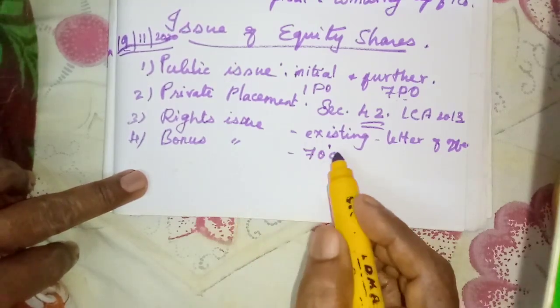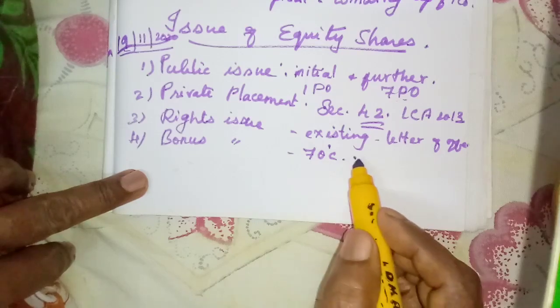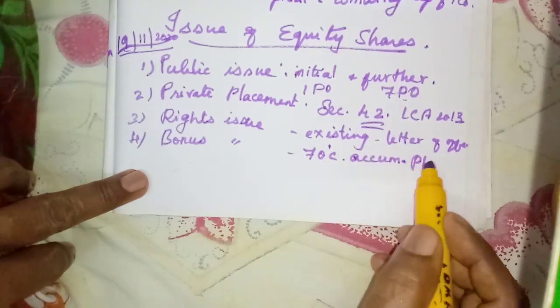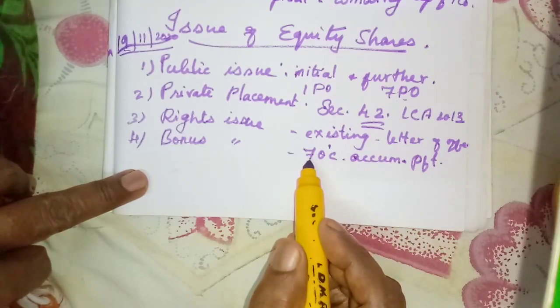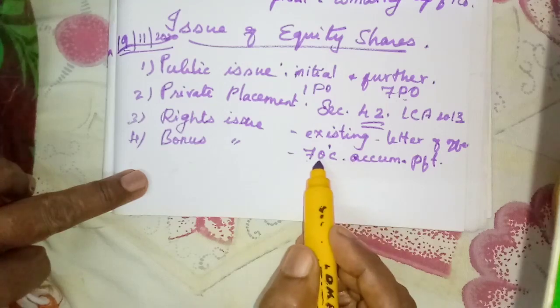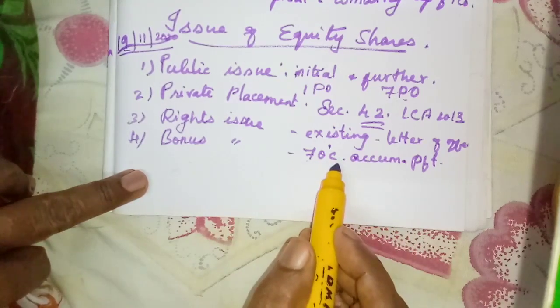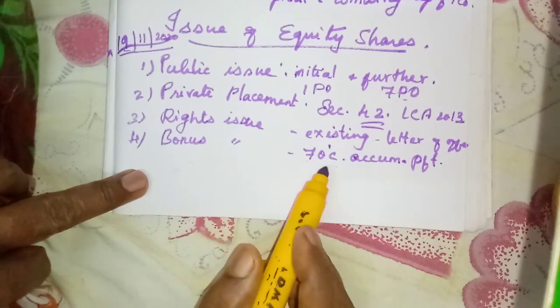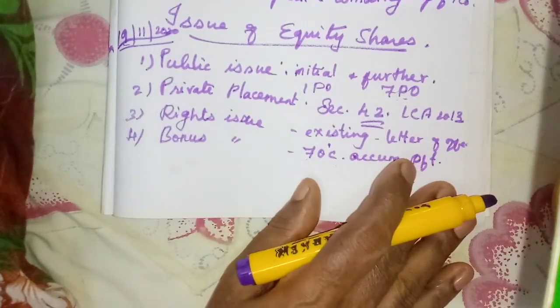Because if they have accumulated profit, more profit, from that profit they will compensate the cost. So it will be issued freely to the existing shareholders from the accumulated profit of the company. That is called bonus issue.